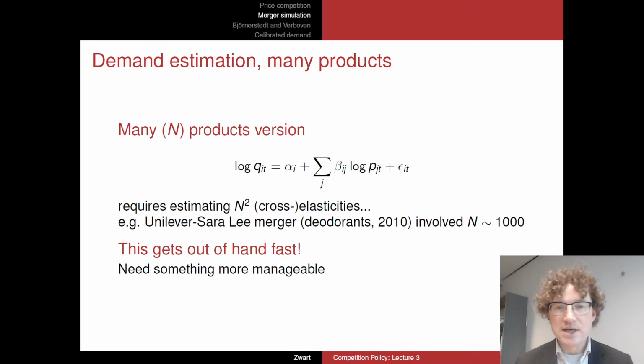And for each individual brand there might be different package sizes and different packages that are competing with each other. So all in all, it turned out the n is of the order of 1,000. What does that mean for the number of cross elasticities in beta? Well, there will be n squared of those, so about 1 million cross elasticities that we need to estimate. Well, that's getting to be pretty elaborate, right?